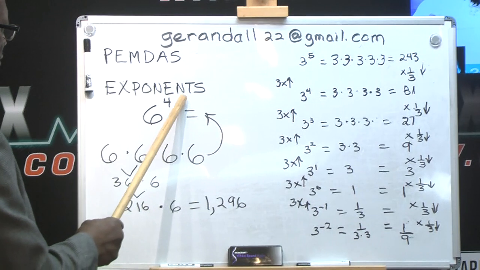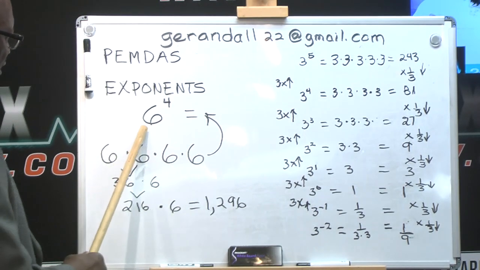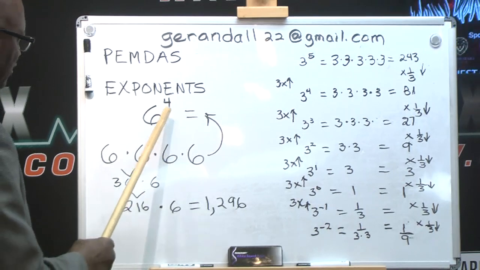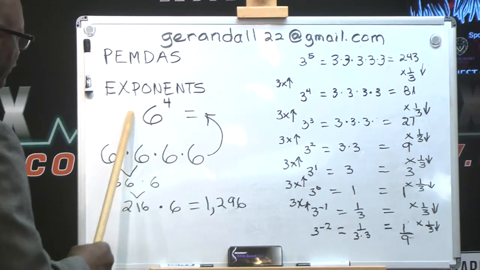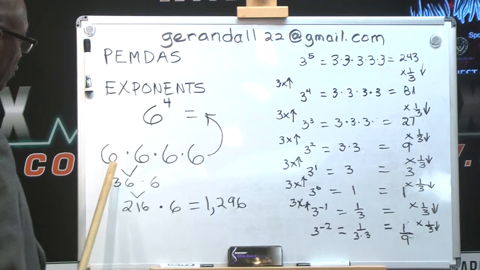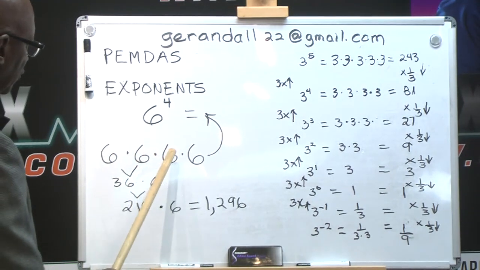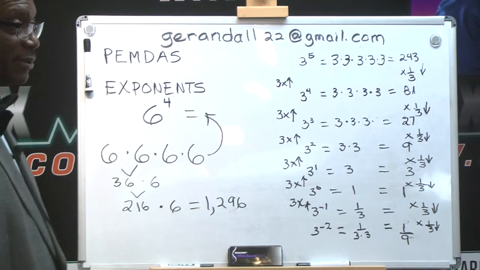Exponents. And we write 6 to the 4th power. In this case, the 6 is what we call a base, or the factor that's going to be repeated, in this case 1, 2, 3, 4 times.